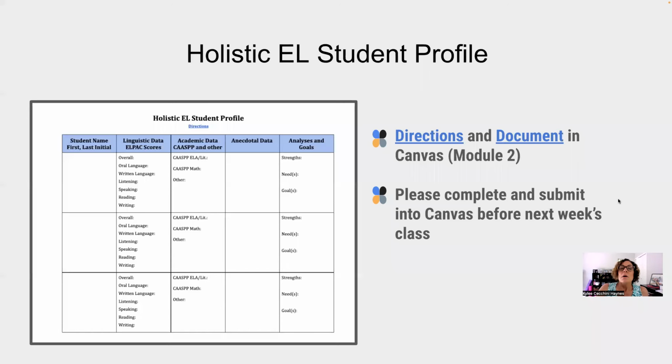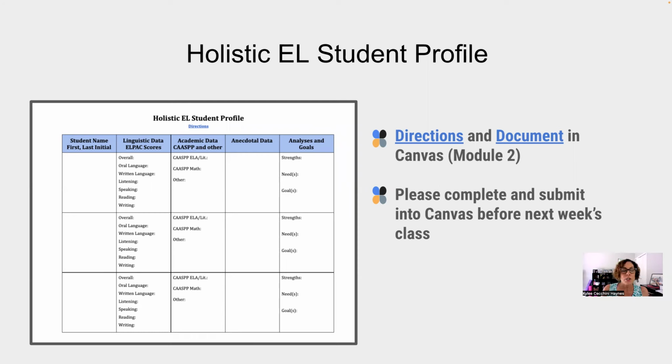Okay, so I'm going to talk a little bit about this assignment that's going to be due next week, the Holistic EL Student Profile. And I want to talk for a moment about why I'm having you do this. I think for special education teachers, this should all make perfect sense.